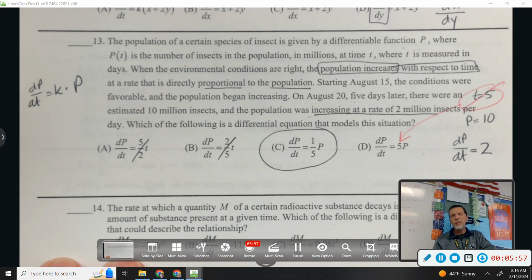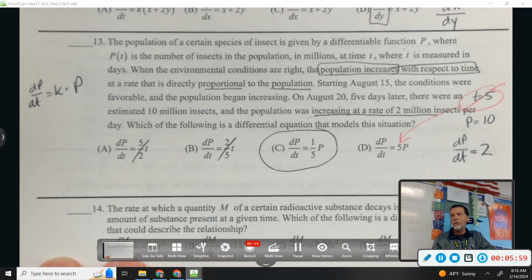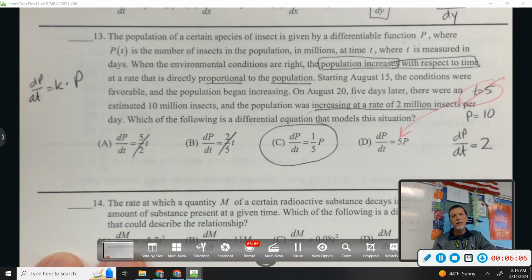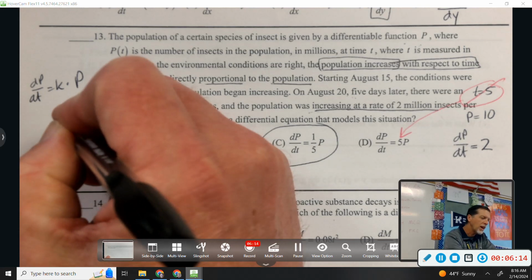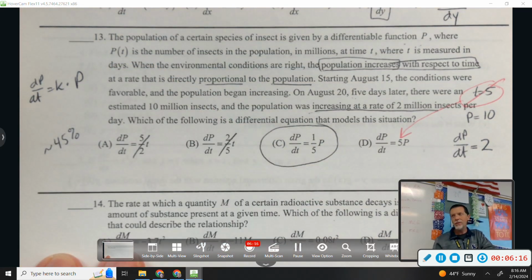So I feel like 13 should be easy to get to a 50-50, and then it takes a little more to get to the right answer. And I feel like that happens a lot on the AP test. And again, if your goal is to get 45% of them right, well, hopefully you get half of them right just straight up on your own.